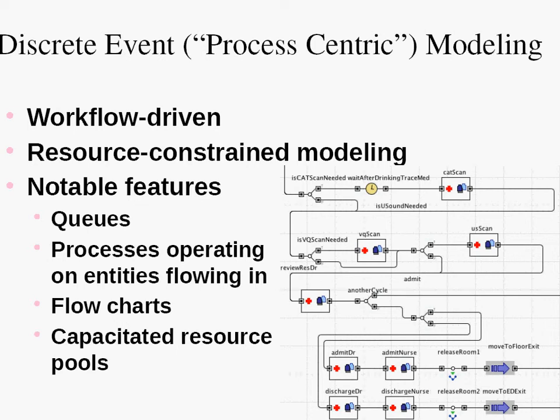The typical interaction between those flowing through the system here is limited strictly to interaction in terms of resource consumption. In other words, the fact that one person is in the ultrasound scanning area may mean that another person has to wait. And that's the limit of the interactions that are typically captured within these models.